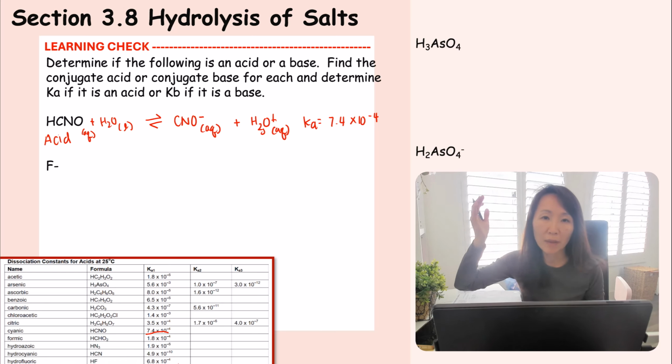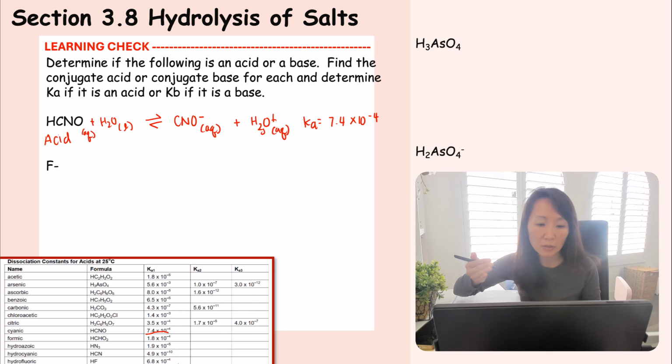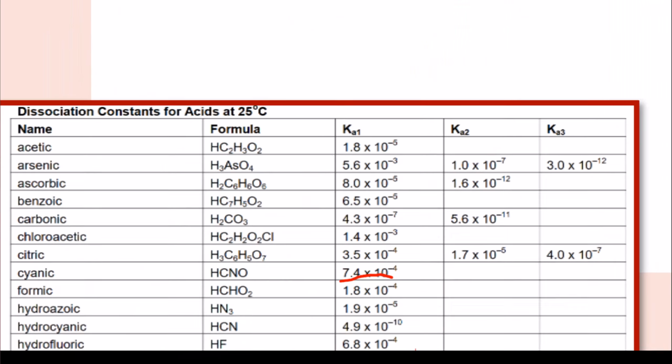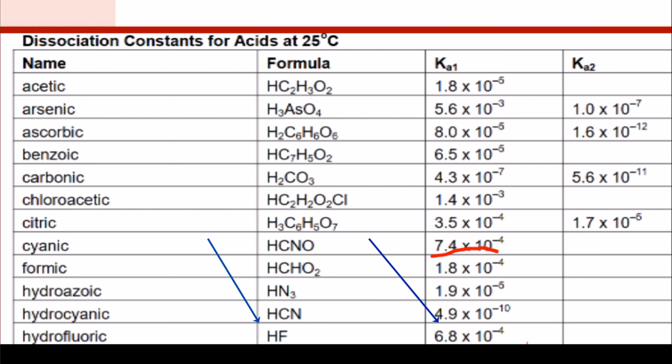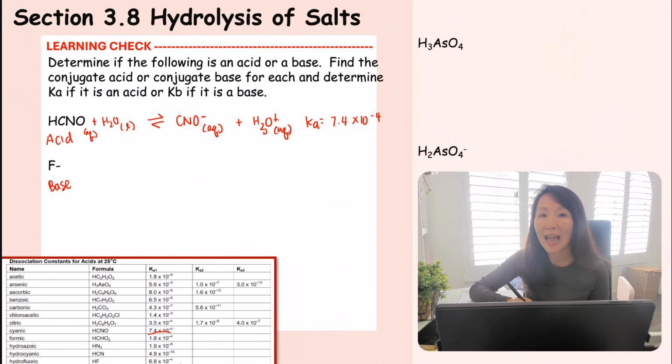So you look at the base table in your reference sheet, and you'll probably notice that there's no F minus there either. But knowing that the conjugate acid is HF, we can automatically tell that this is a base. Whether it's weak or not doesn't really matter for now, this can act as a base.